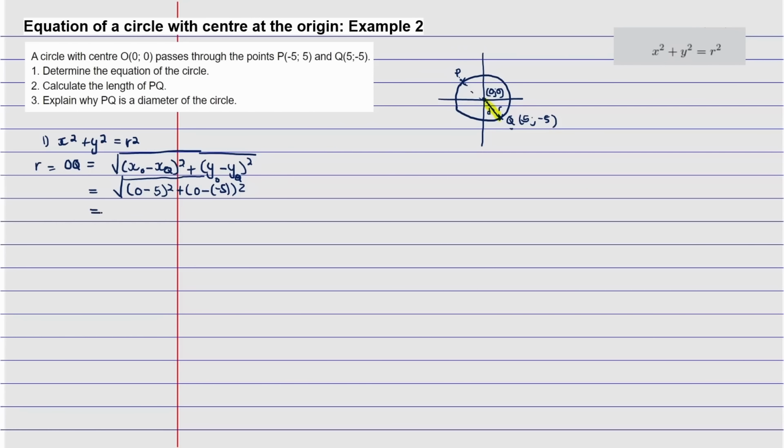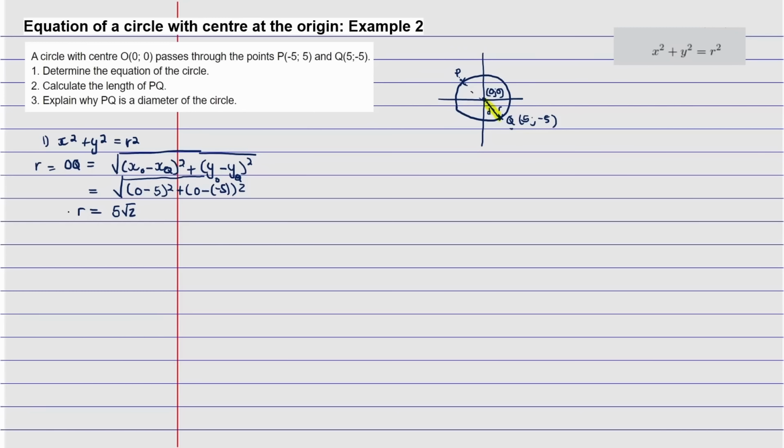Punch that into the calculator, and you're going to get 5 root 2. So this is r.